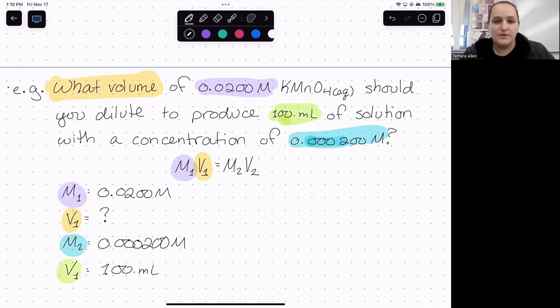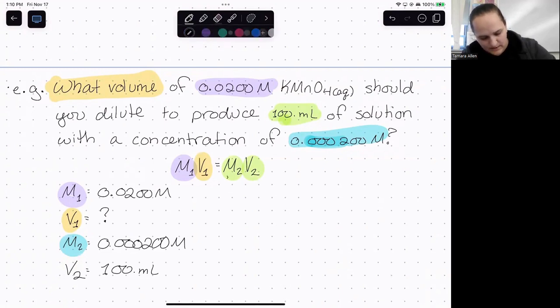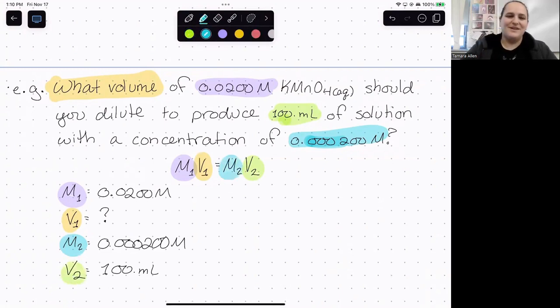So same idea, we're just solving for a different variable here. I wrote a 1 where I should have written a 2. Apologies. M2, there we go.